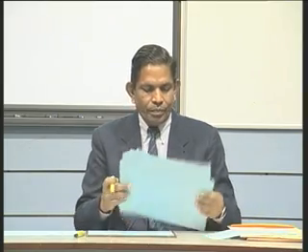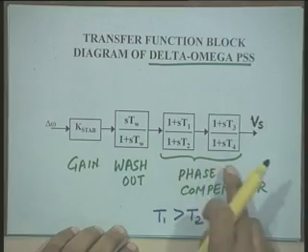Now, many times the required phase shift cannot be obtained using one stage of the phase lead compensator, and in that case we go for two stages, called a two stage phase lead compensator. Many times one can have two identical blocks, as I have shown here for the phase compensator.